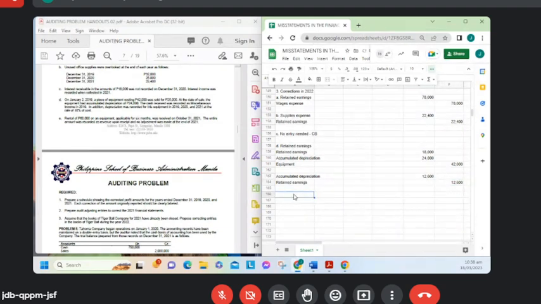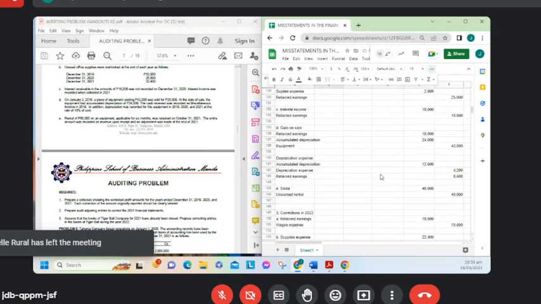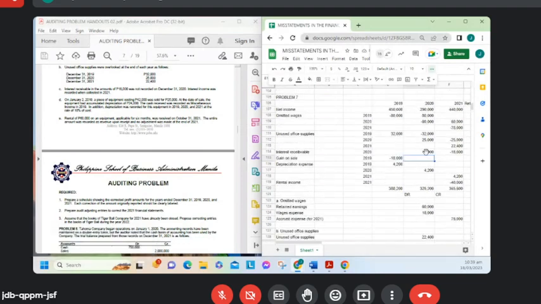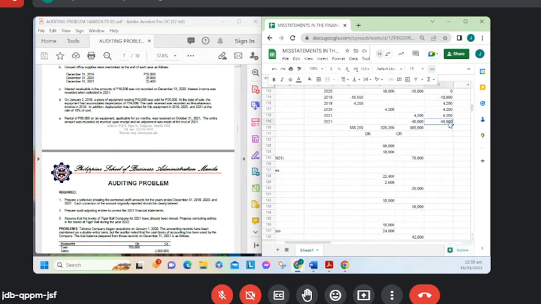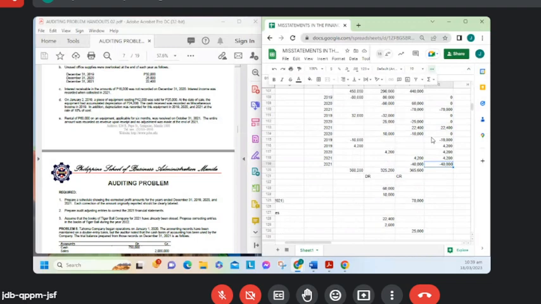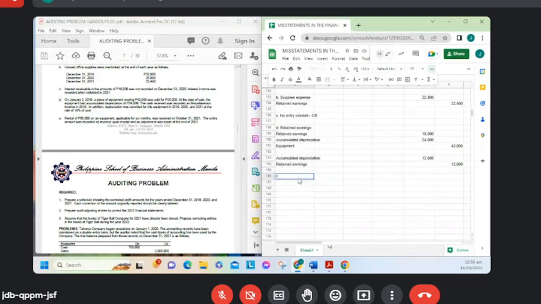Okay? Letter E for the rental. So for letter E, we still need an adjustment here. Rental, it's gone, right? 40,000. Yes, for the year, exactly. So for the current year, 40,000. The 20,000 sales, sorry.